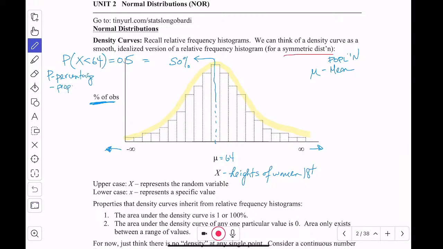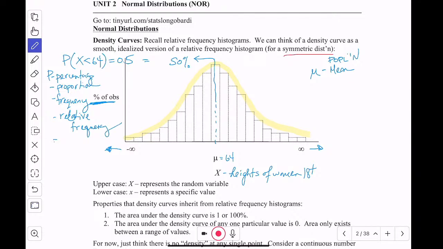The P stands for proportion or percentage of observations. It could also stand for frequency or relative frequency of observations. These are all the different terms to say the same thing.